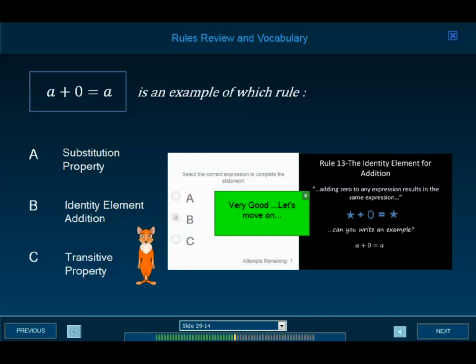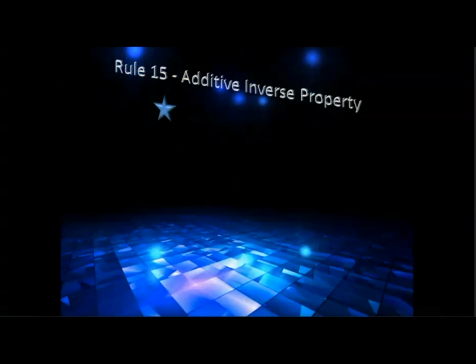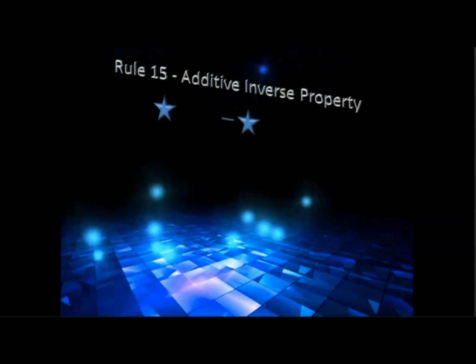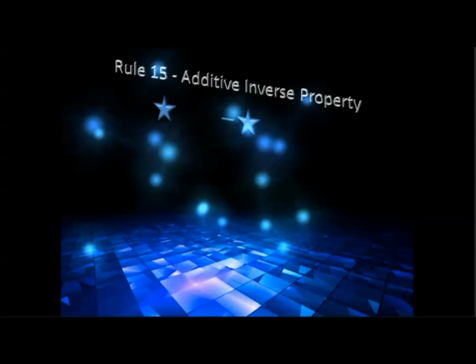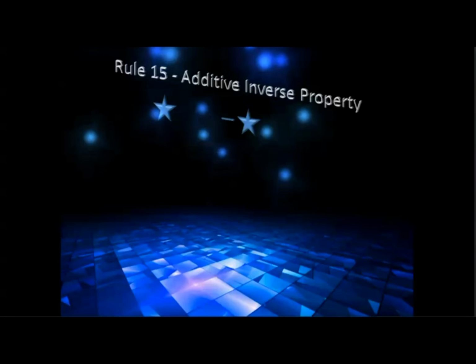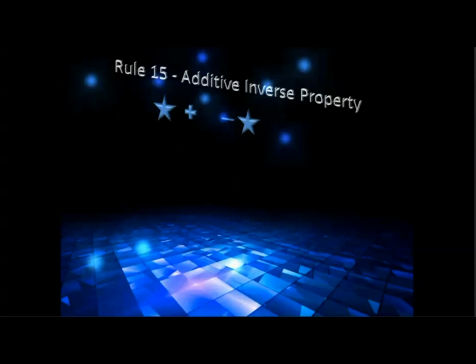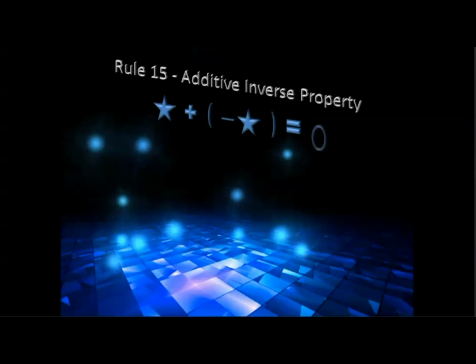Good. A plus 0 equals A is an example of the identity element for addition. There exists something called the additive inverse, which we often call the opposite, such that the original expression plus the additive inverse equals 0.